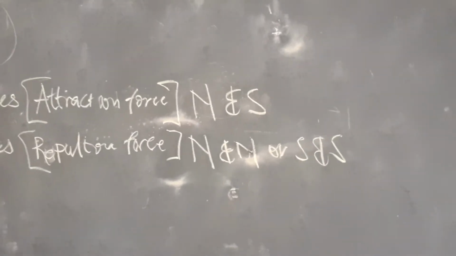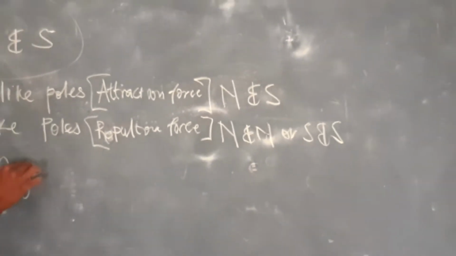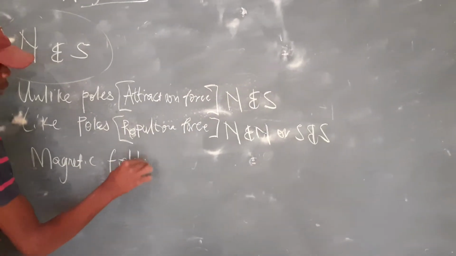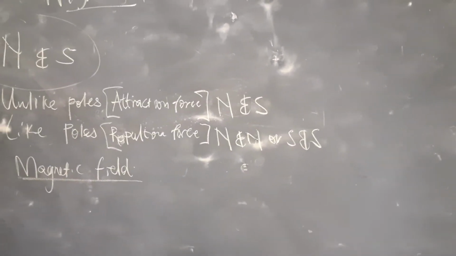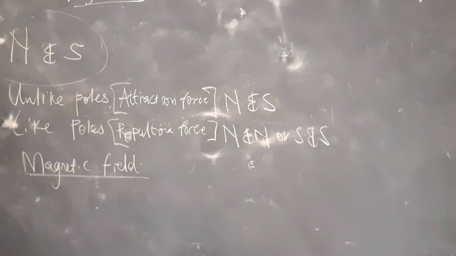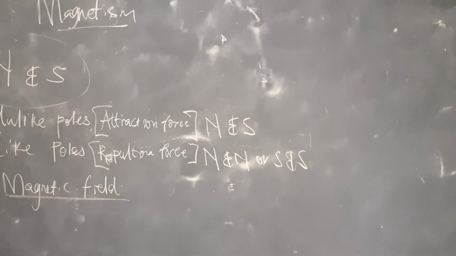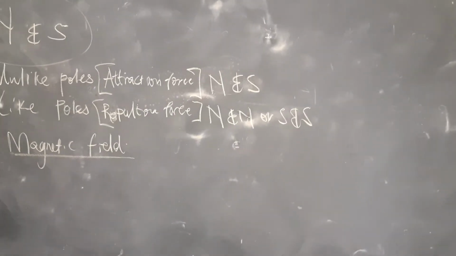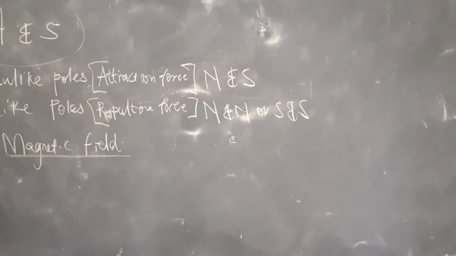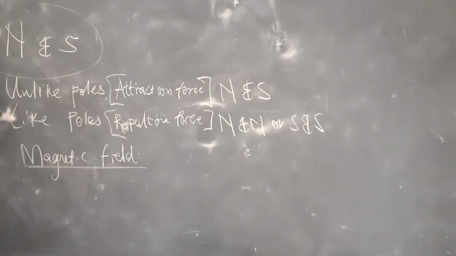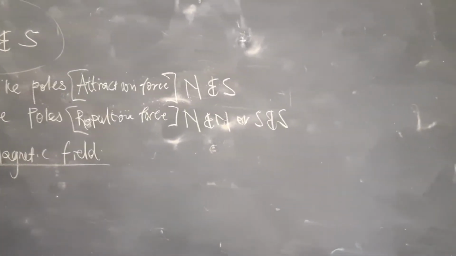So from here we have what we call a magnetic field. We need to understand what a magnetic field is. A magnetic field is a region of space where ferromagnetic materials experience a force. Ferromagnetic materials are any metallic materials that can be attracted by the magnet.